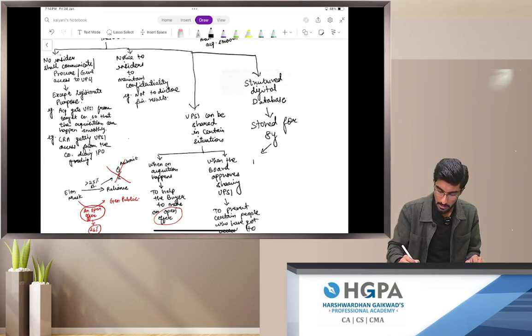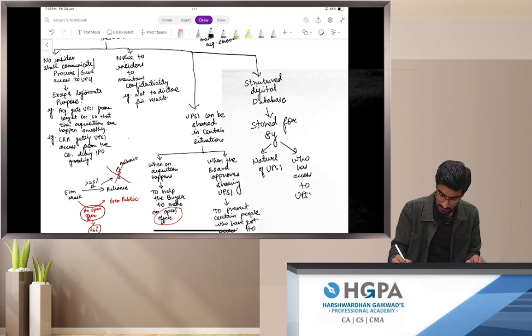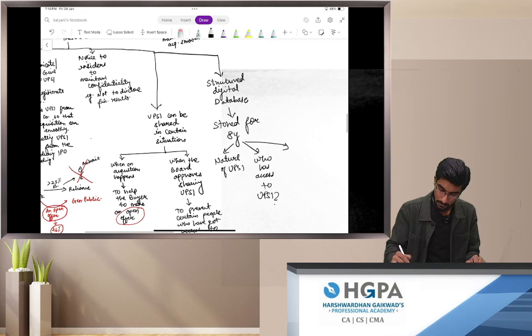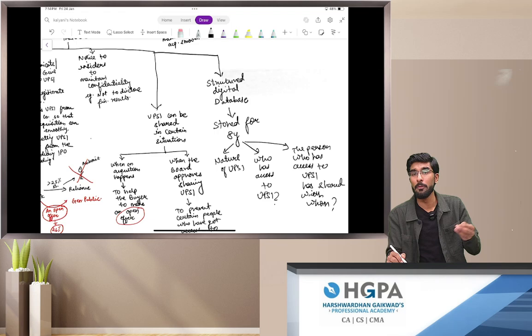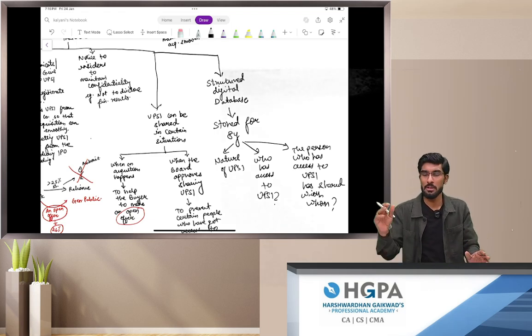It contains the nature of UPSI, who has access to UPSI, and the person who has access to UPSI has shared it with whom. These include mutual funds, auditors, investment companies, and so on.